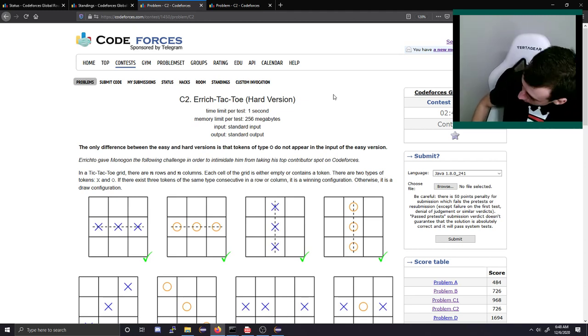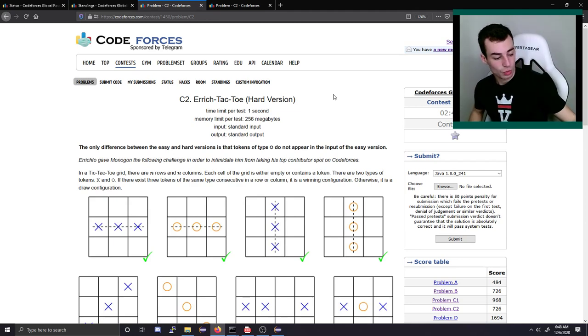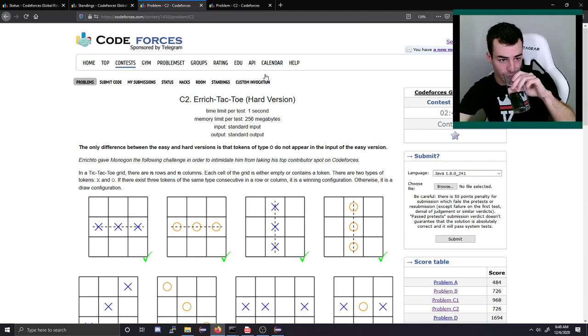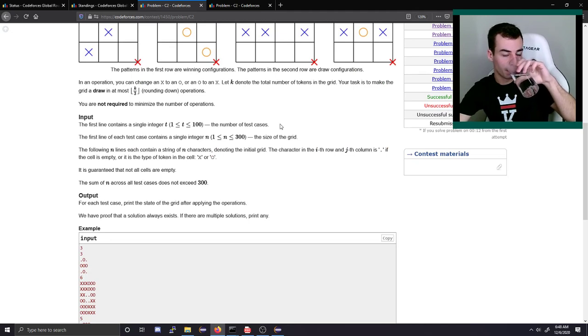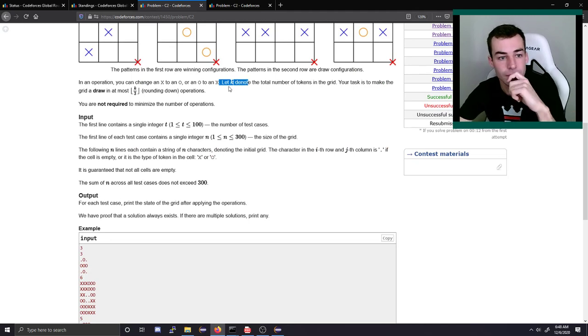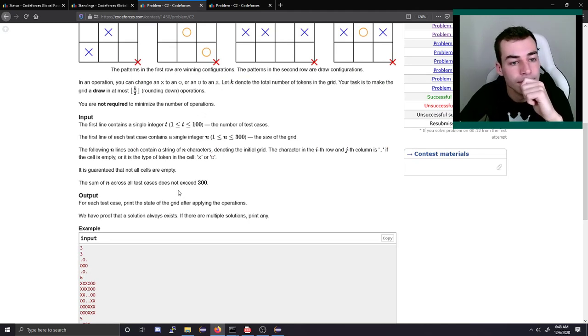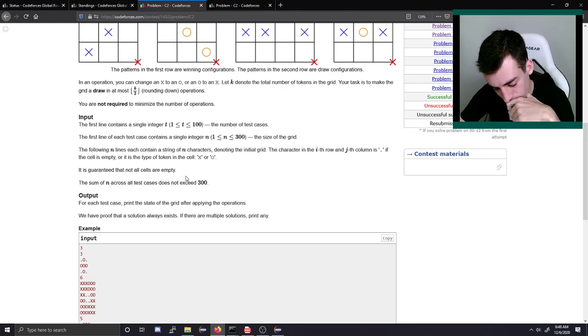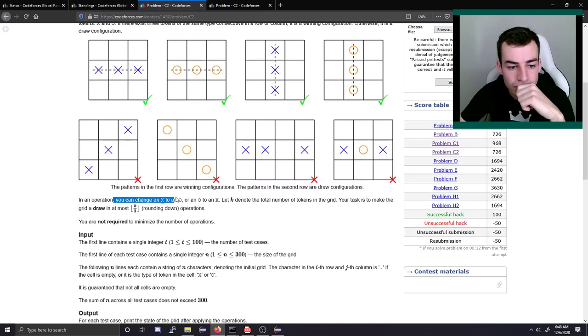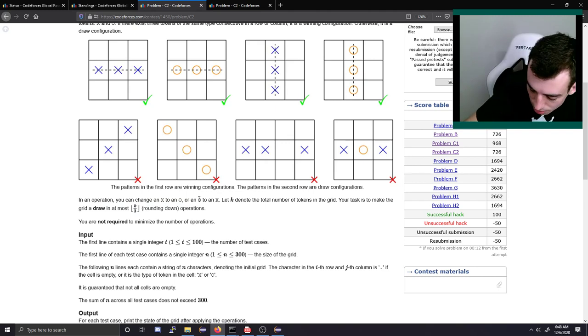And then that middle thing cannot win by itself. Oh, you can do this in one operation.